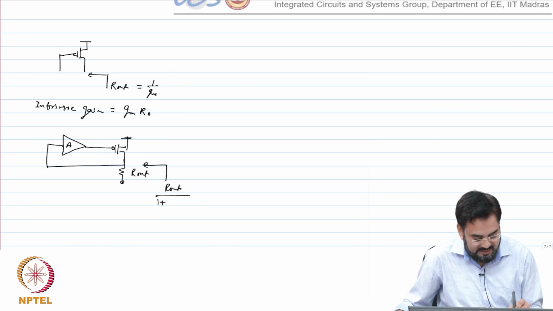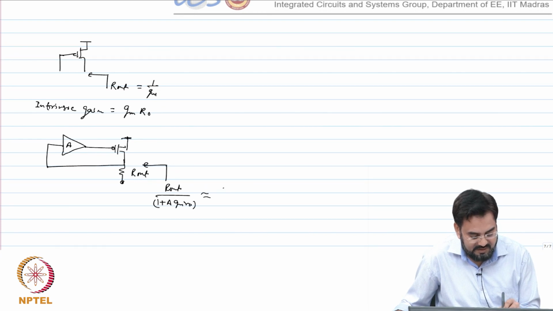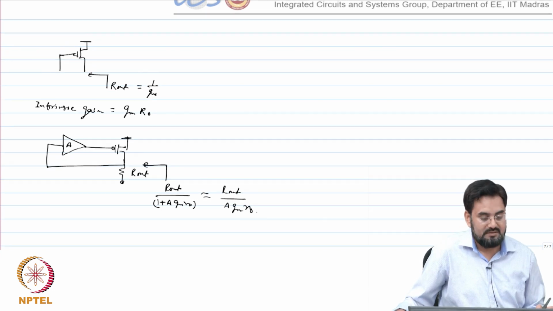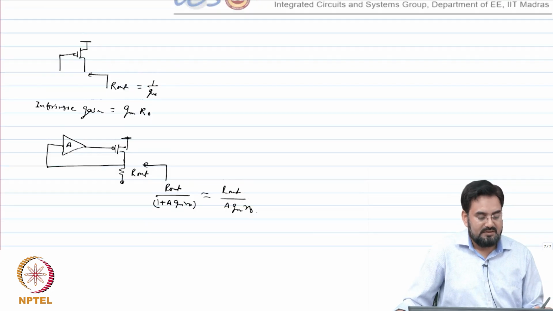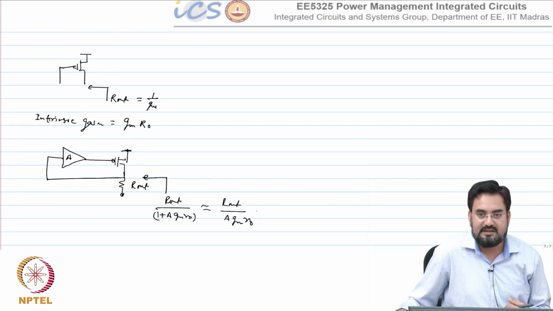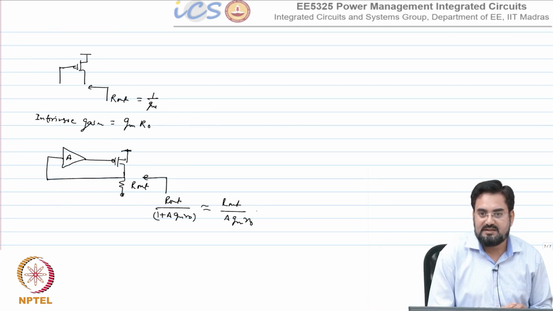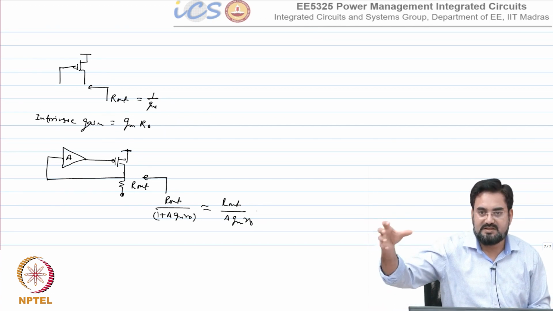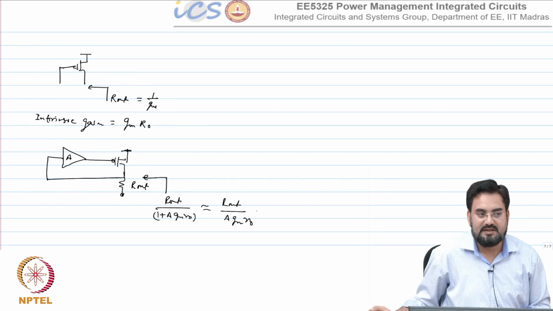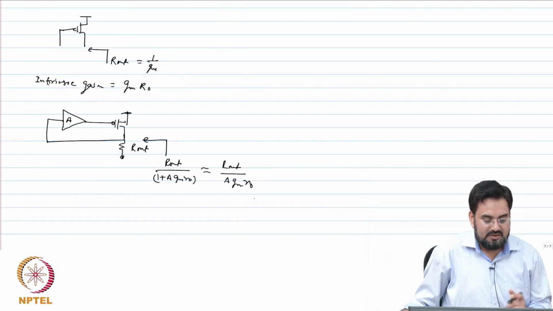So, whenever we say 1 plus A Gm R out, we usually write A Gm R out. Okay. So, now if you have feedback, your output impedance will be reduced by the open loop gain.